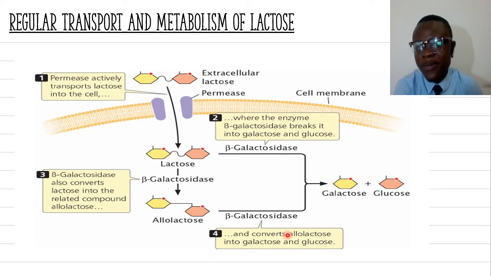Allolactose can then further be converted to galactose. So remember this entire pathway and get a grasp of the normal metabolism of lactose in the cell. This will help you understand how the lac operon works. With that, let's move on.